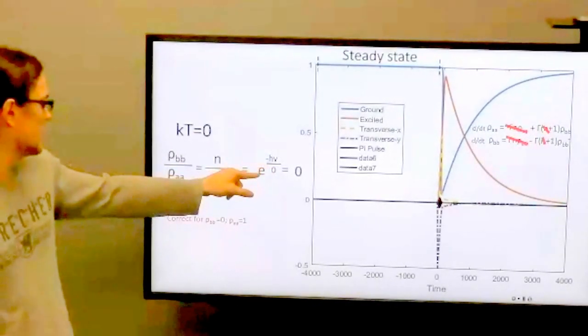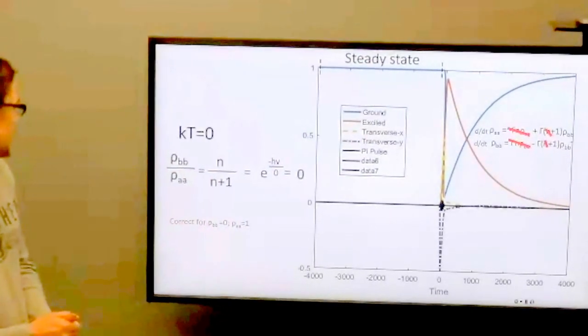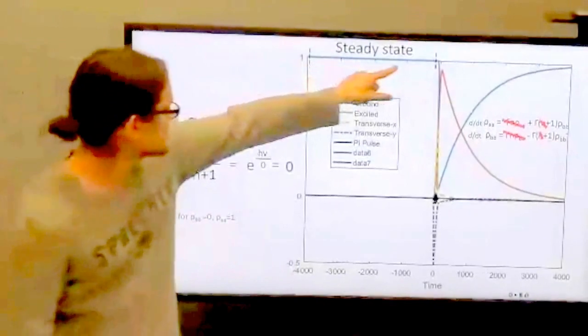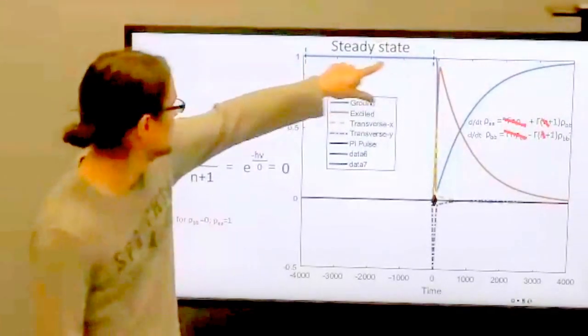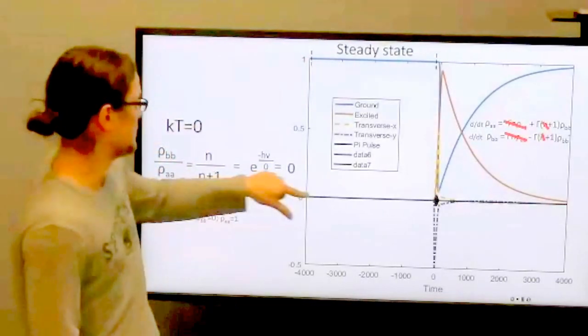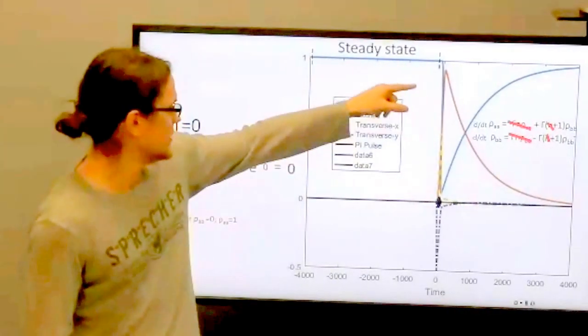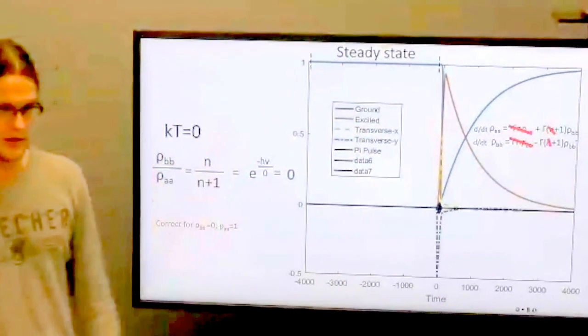That's going to make it e to the negative infinity, which basically gets 0. So our equilibrium state will always be fully populated in the ground state and none in the excited state. And even if we do a pi pulse, even after the transition, it will eventually go back into the ground state.